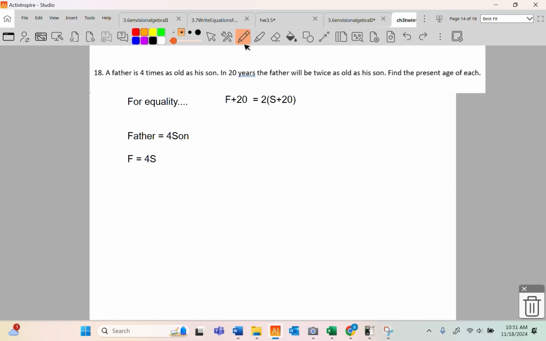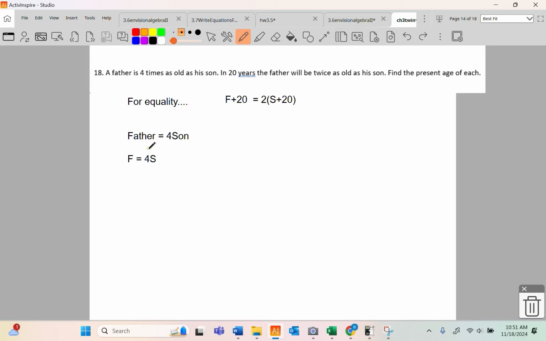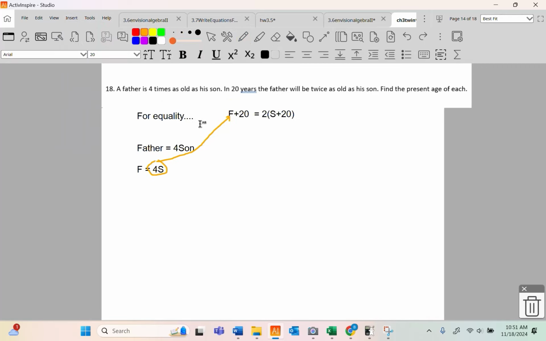Now, solving these things, I don't care if you do this with matrices or whatever, it might make sense. I'll do both. But everywhere I see an F, I can become 4S. So I'm just going to do substitution because it's quicker than using matrices. 4S plus 20 equals, distributive property, 2S plus 40. 4S minus 2S is 2S. 40 minus 20 is 20. S is 10.